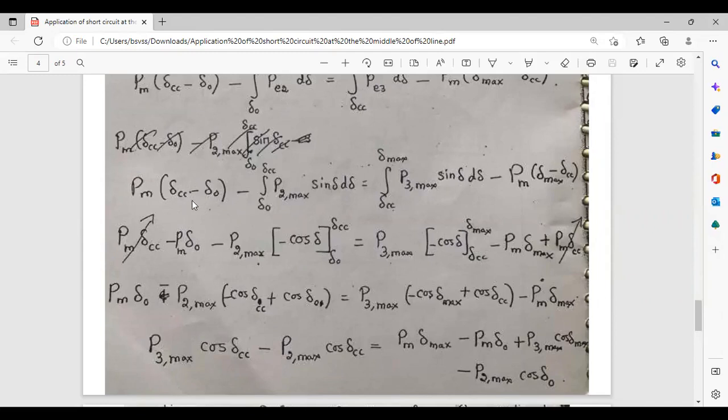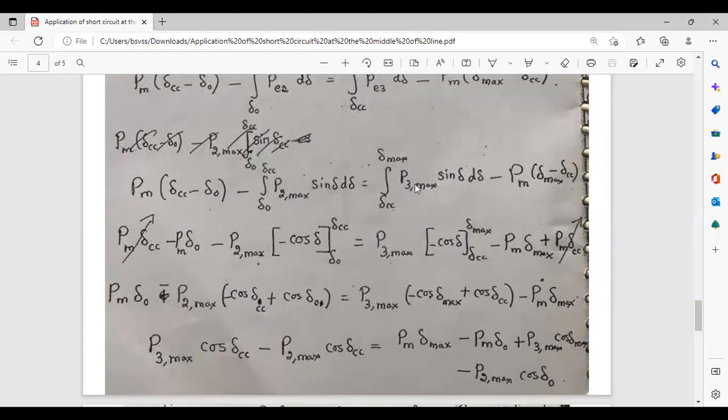The first term is PM into delta CC minus delta naught, minus the integral from delta naught to delta CC of PE, where PE becomes P2 max into sin delta d delta. And similarly, on the right hand side, we have the decelerating area: P3 max into sin delta minus PM into delta max minus delta CC.